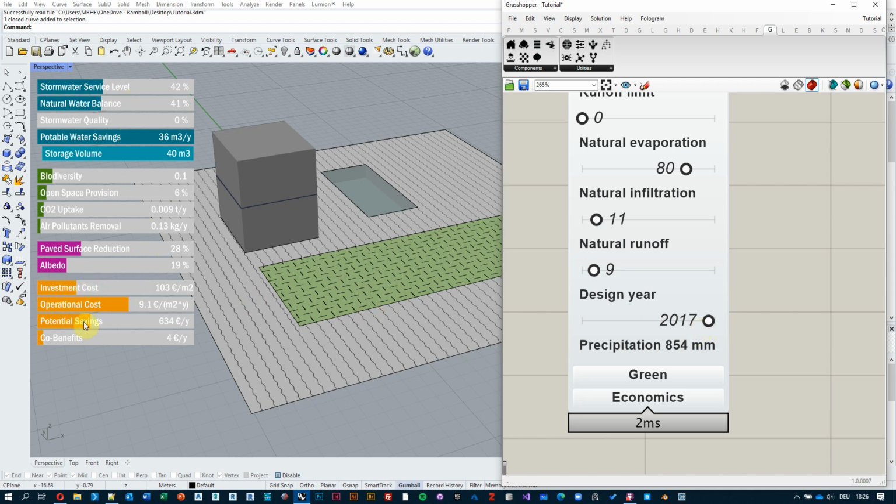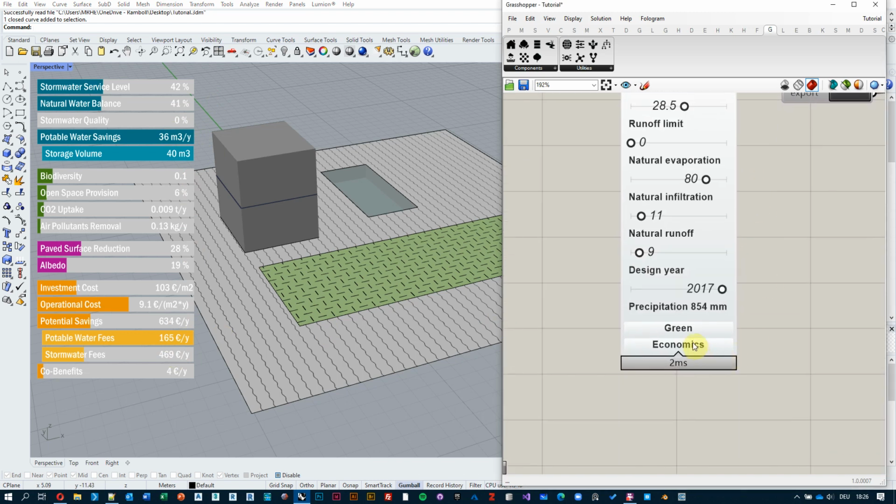And also you could look at the economical aspect of the whole scenario and try to understand what are the investment costs associated with different measures and what are the potential savings calculated over here. They are in cubic meters per year, whereas here we translate these values into euros.